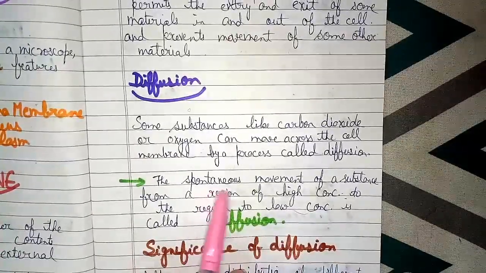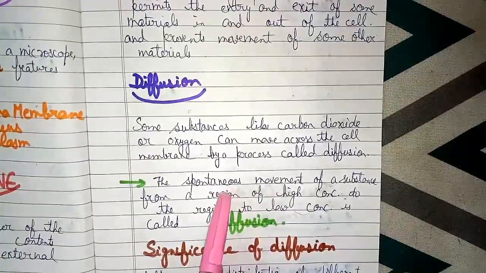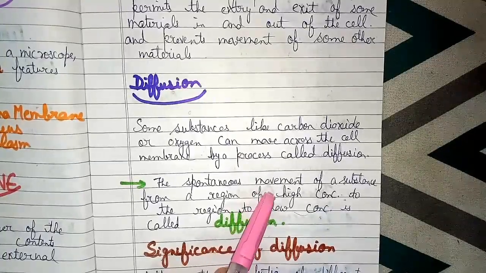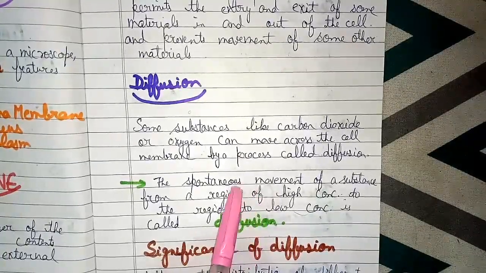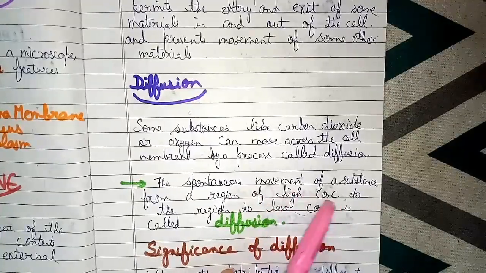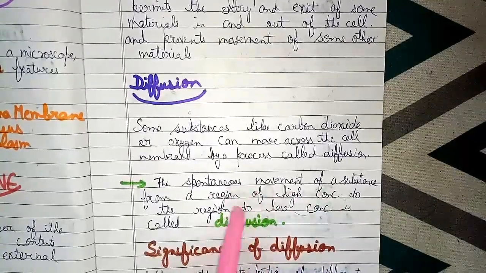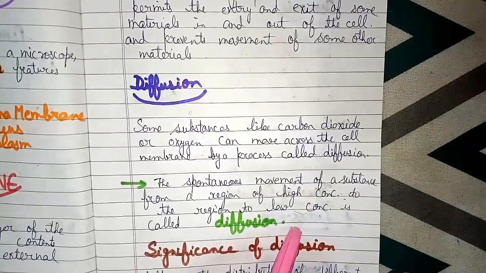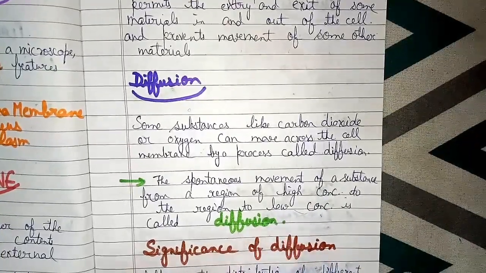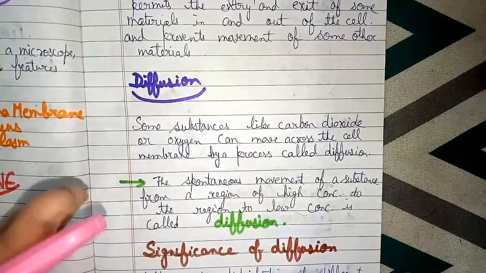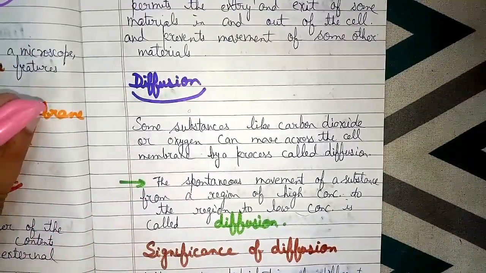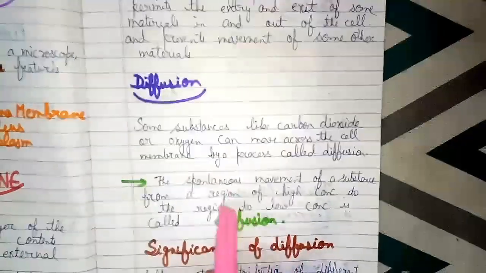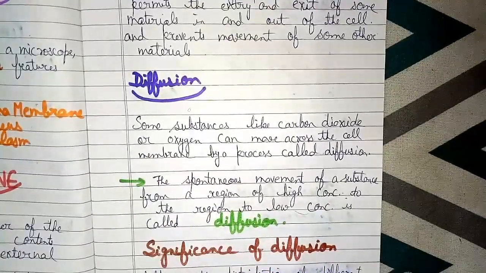Diffusion is the spontaneous movement, meaning easy movement, not forceful movement, of a substance from a region of high concentration to a region of low concentration. This is known as the process of diffusion.